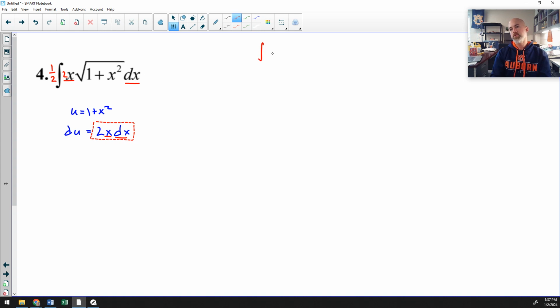And what we're doing there is taking advantage of the property of integrals that says if you have a constant times your integrand, you can take that constant out of the integral. And that's essentially what I did with that division by 2 that I originally had inside the integral. I'm just taking that 1/2 and putting it outside instead of inside. And by doing that, I've accounted for the change that I created in order to complete my du.